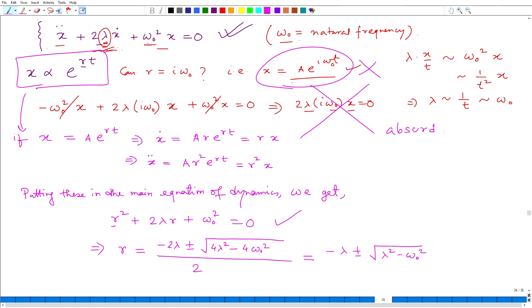So, that is quite fantastic that you can have two solutions like that.